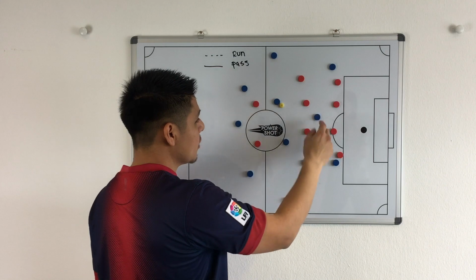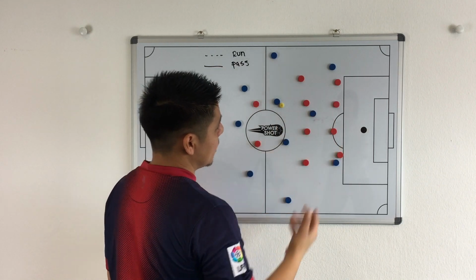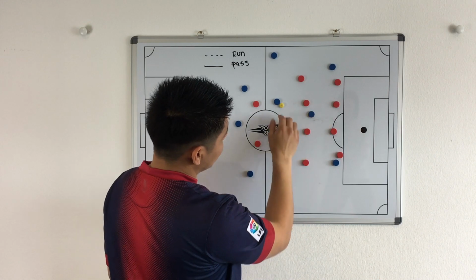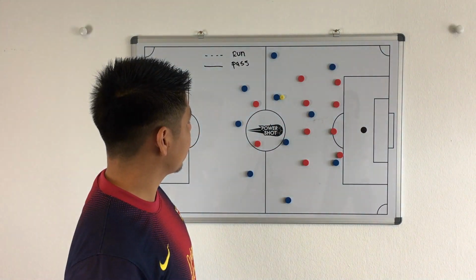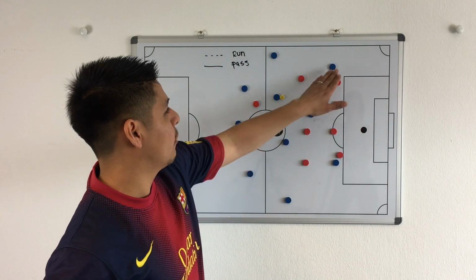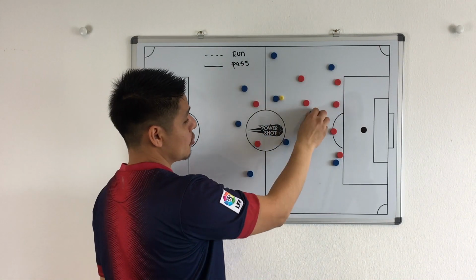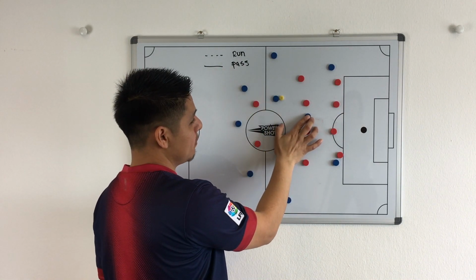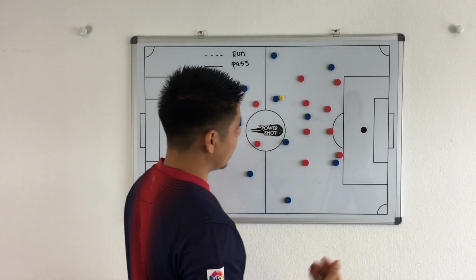Okay? So now, let's say we have this position here. So now, if you go here and your number 8 has the ball, first we're going to try to make a play for this player. Okay? So now, in this first situation, our false nine comes in deep, making that these 2 players come up.